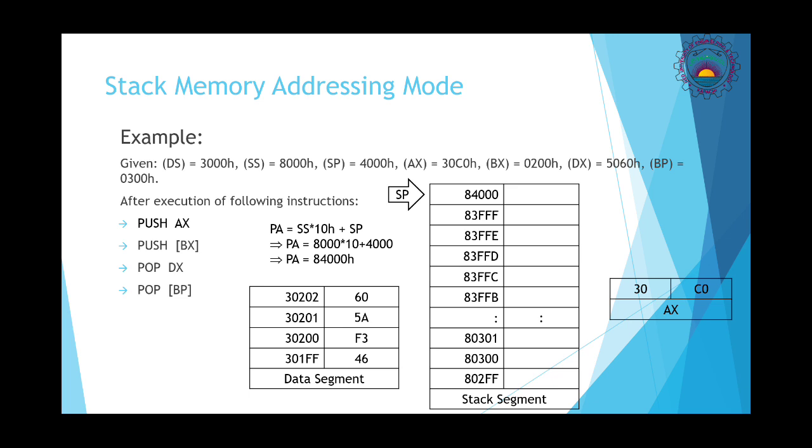And if you calculate the address in data segment using the BX register, BX is having 200 and DS is having 3000, so the physical address will be 30200 hex. Some portion of data segment and stack segment is shown here, and the AX register is also shown in the diagram with initial value of 30C0 hex.